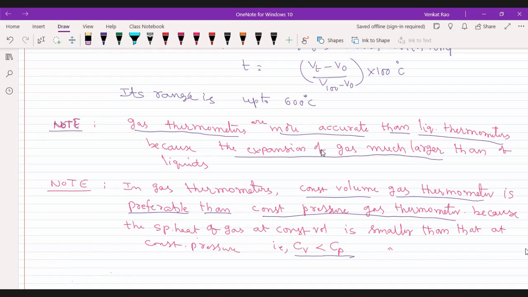One reference point, in brackets the triple point of water, is chosen instead of two reference points.